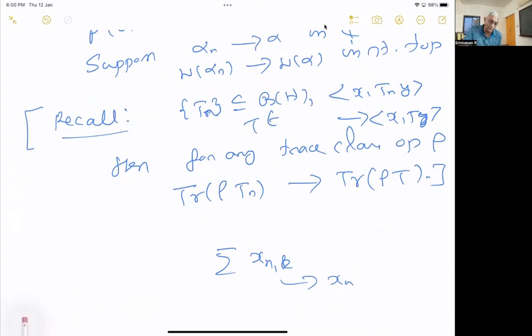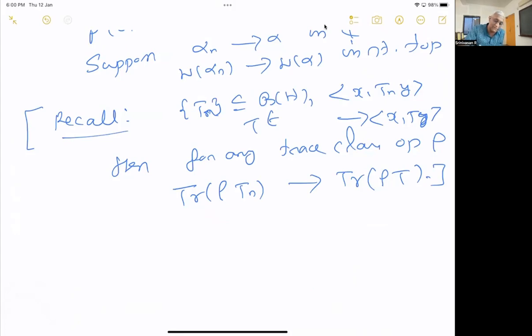How will you justify? What will you use? In measure theory, there is something. Correct, dominated convergence. It is just an application of the dominated convergence theorem.